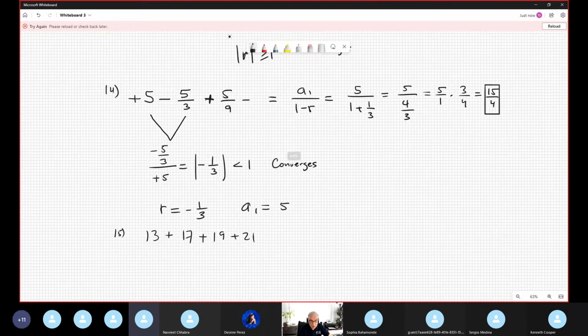Arithmetic, no. In arithmetic, we never talk about series. Only convergent and geometric. Because this diverges. Okay? Because the only possibility to get convergence is to be a geometric series and the common ratio absolute value must be less than 1. Clear?